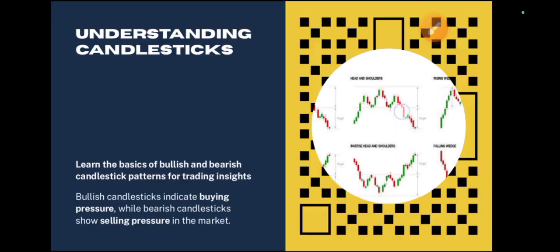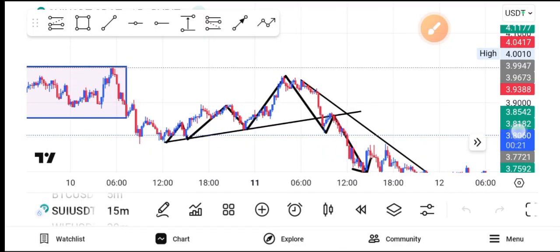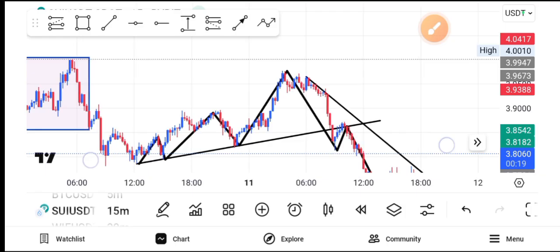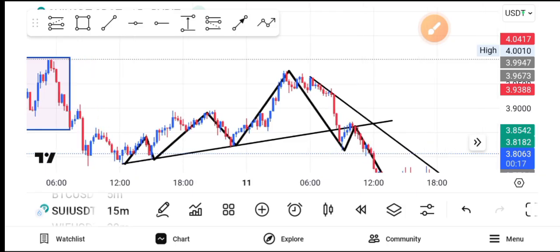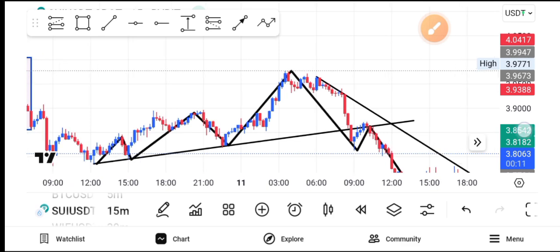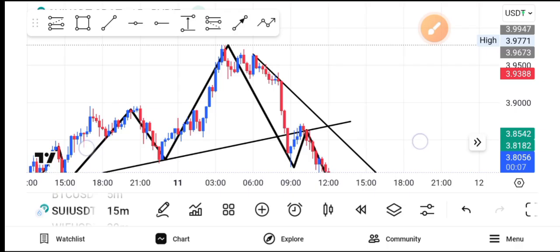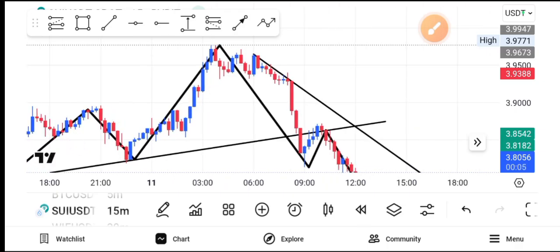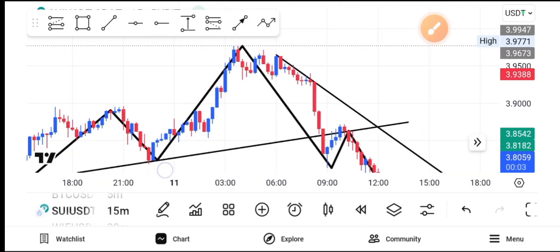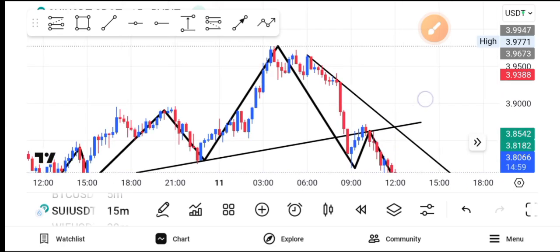Okay, so let's identify a bearish engulfing candle. Not just bearish engulfing, there are many candlesticks. Let's use double tweezer, right? Okay, there is no double tweezer here, so let's use this.